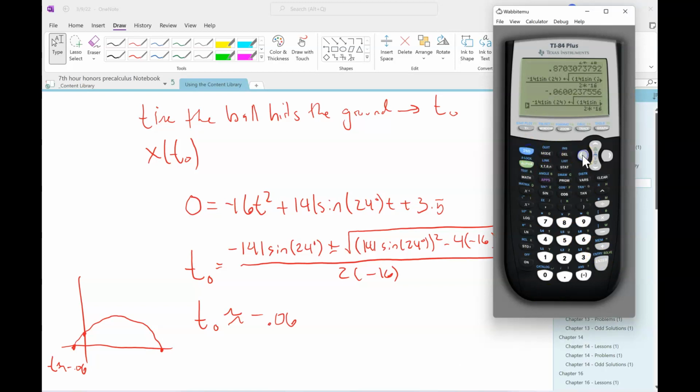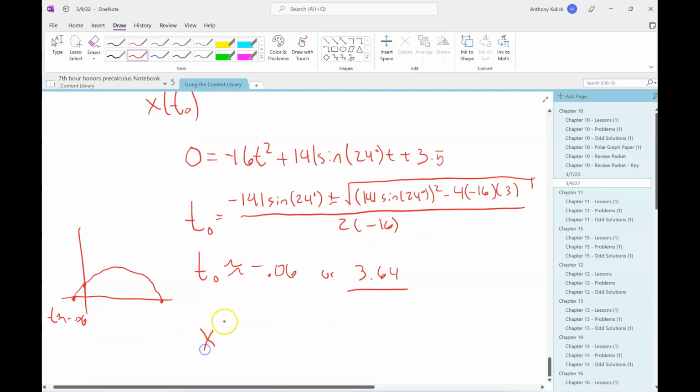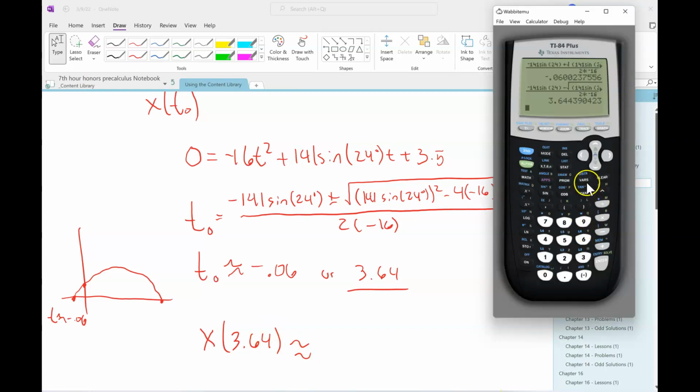So what I'm going to do is press second and enter to recover the whole thing. Rather than typing it again, I'll go back and edit that plus sign to a minus. And 3.64 is my other result. That's the one I want. So I'm going to do x of 3.64. And again, I could plug that into the x equation, but I don't want to do that.